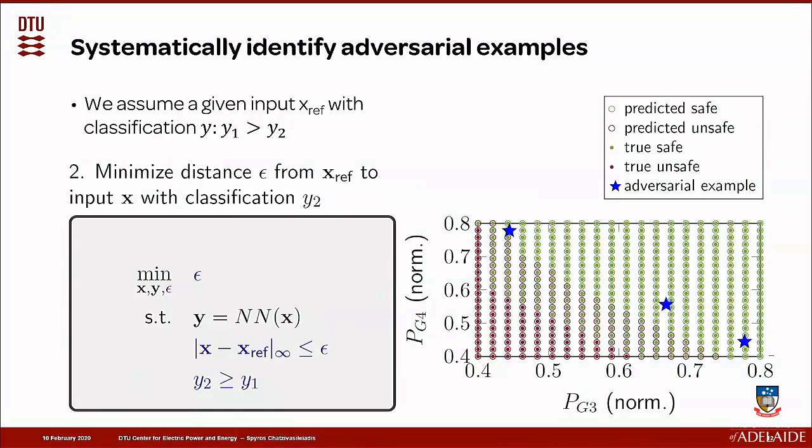How do you choose the X reference from where you're going to define the sampling? Does it make a difference in how fast you're going to find an adversarial example? But you have to start sampling, and you have to cover the region.